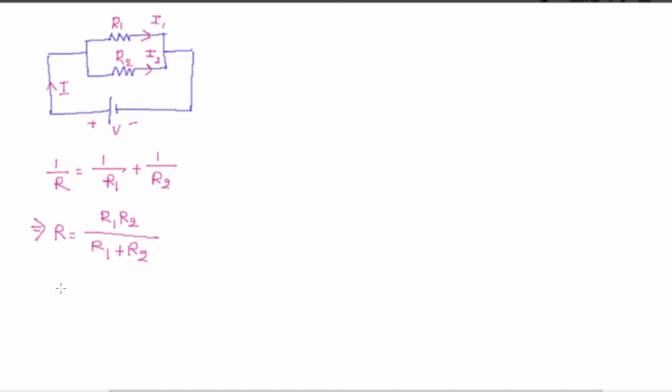For a two branch circuit, current will be divided into two branches, that is I is equal to I1 plus I2. Now the I value is V by R1 plus V by R2. V is common, so V whole into 1 by R1 plus 1 by R2.